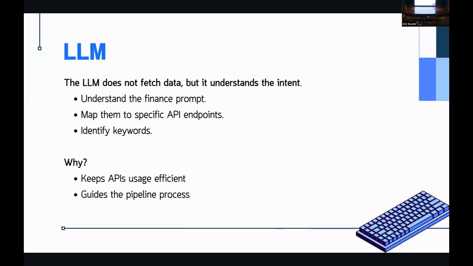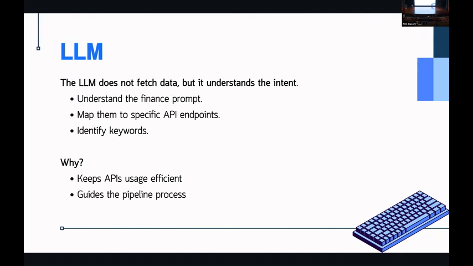What the LLM does is it dissects the prompt, understands what the user wants and his intent, and comes up with the specific API endpoints. In other simplified words, it finds the sources within which we will find our needed data. It also identifies keywords so that it can compare them later on with the extracted endpoints and validate them.